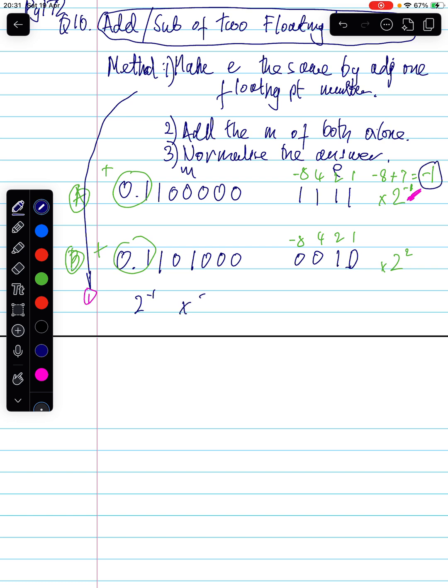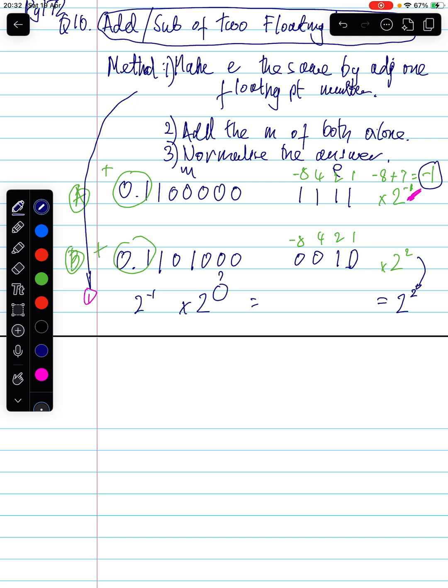We want to times it by another adjustment which we don't know, to end up at 2 to the 2, which is that one.